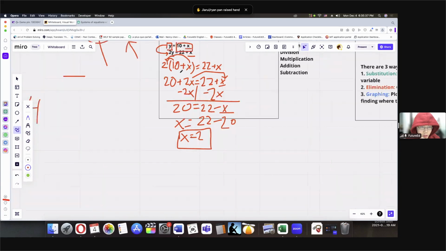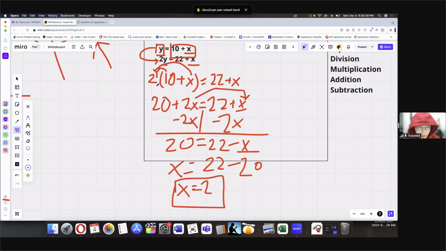Can you verify this for me, please, Garrus? Yes, we can verify. 2 times 10 plus x. What would this be equal to? So x was what? 2.